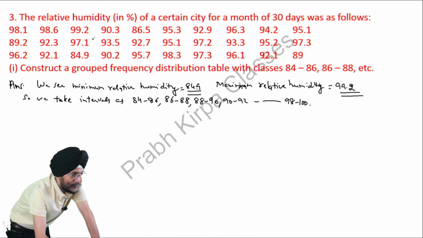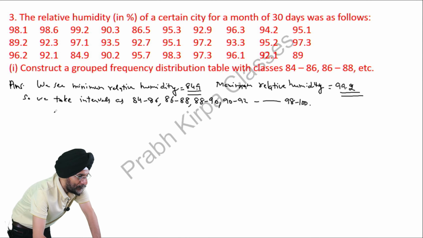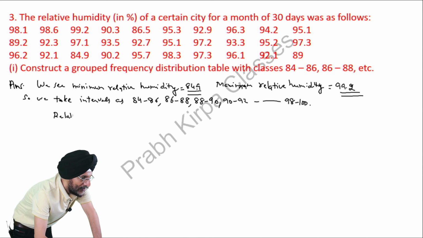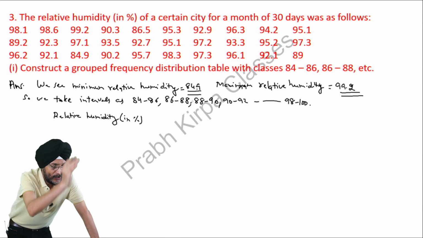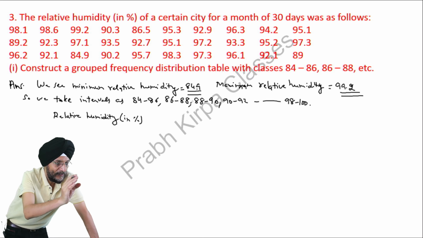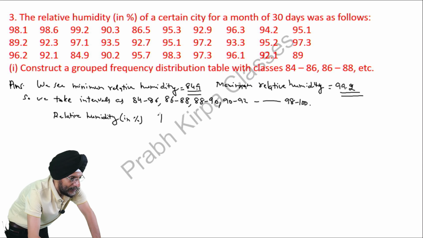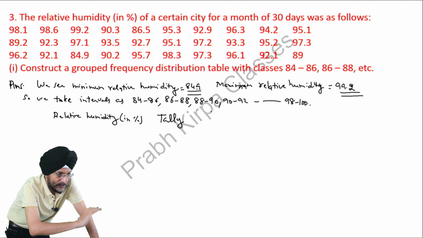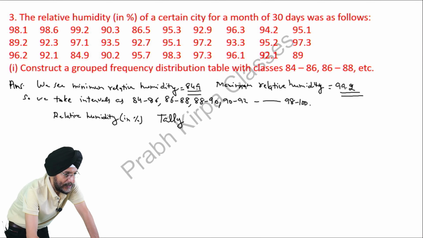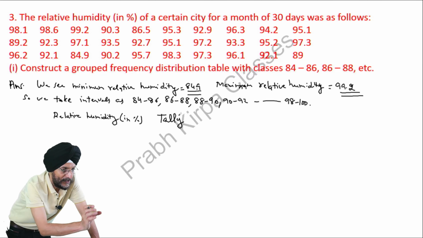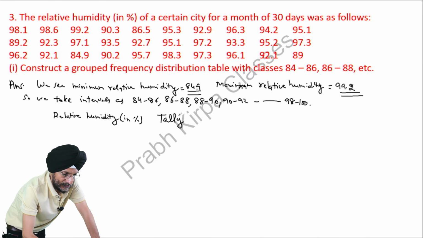What is given to us is relative humidity in percentage. Now we will have to count the relative humidity, so here we will write tally. Then we will sum up the tally, that is the number of days in which the relative humidity was falling in the particular class.